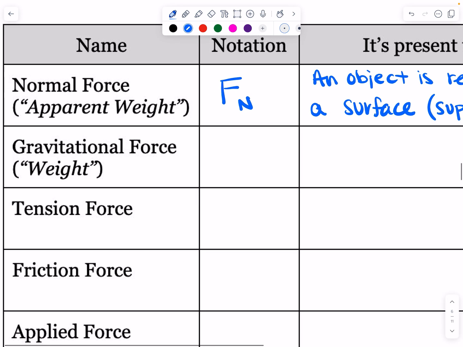The next type of force that we're going to talk about is the gravitational force, also referred to as weight. So we'll see it come up as Fg, or sometimes just capital W for weight.